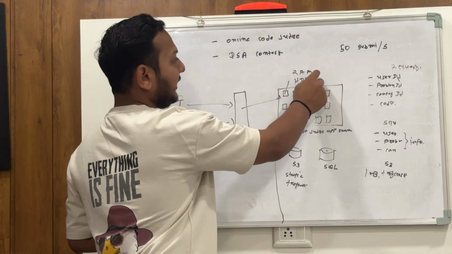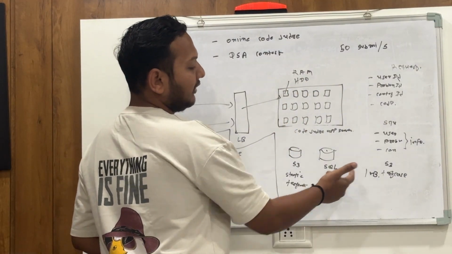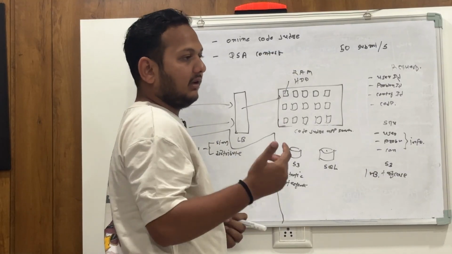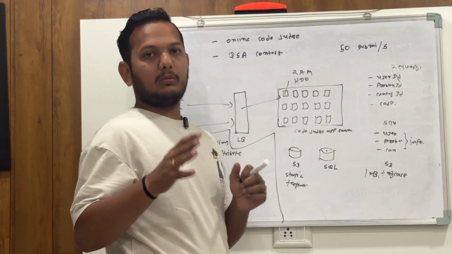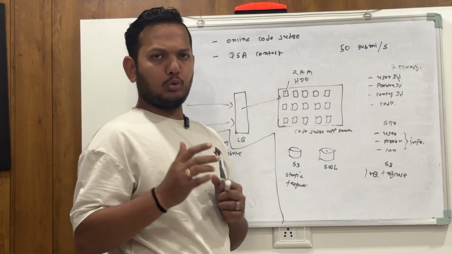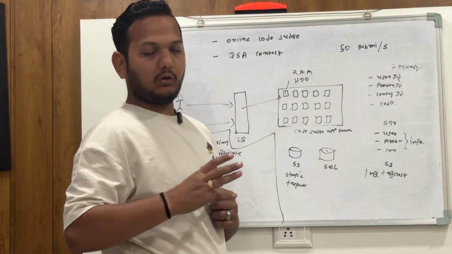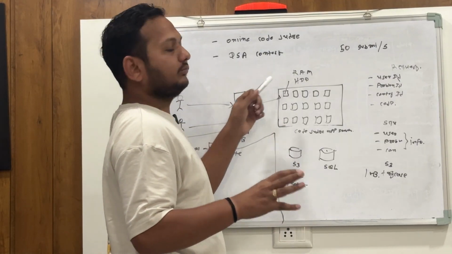Out of them, which storage can we use? As I already said, every test case file is 1 GB, and if only 30 to 40 problems are the most used problems, we can keep those 30 to 40 test case files in the local cache.